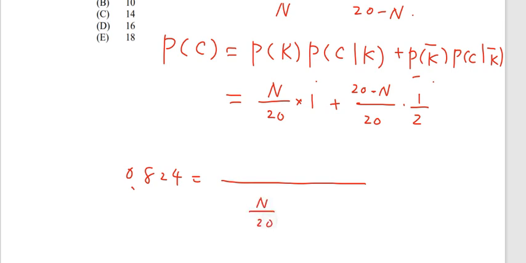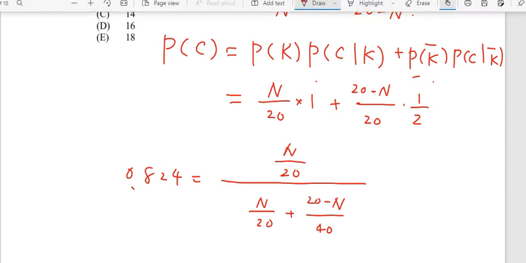Answer correctly. So among the answers that are correct, what is the probability that he knows the answer? It is this part. Okay. So this equals 0.824. So we solve for n.